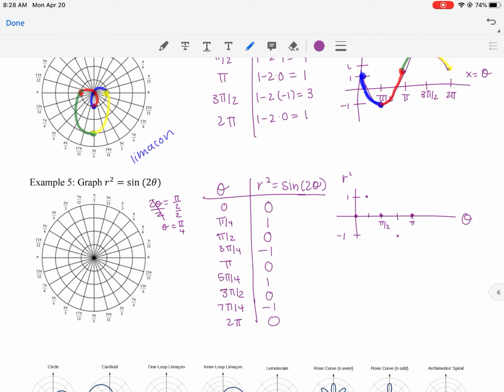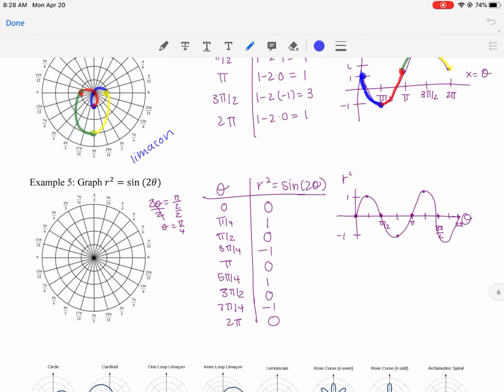We'd come back up. And at 3 pi halves, we'd be up and back down, all the way to our 2 pi. So, as we know, this should look like sine, but our period has changed.